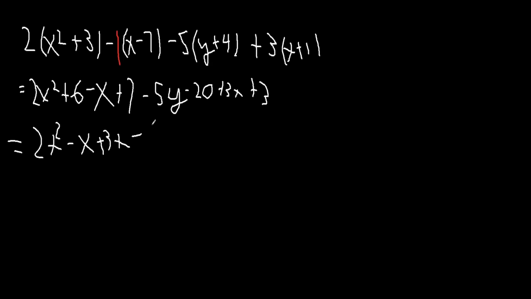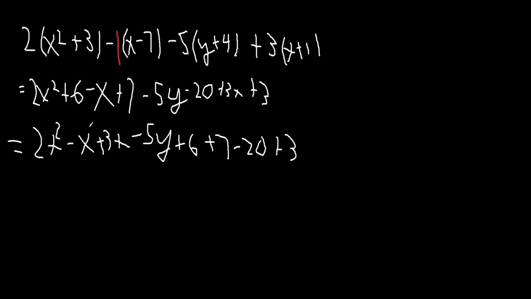There are no other terms with y. And finally, we have our numbers. We have positive 6 plus 7 minus 20 and positive 3.